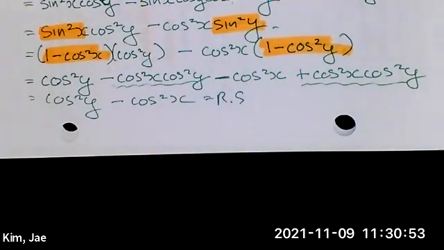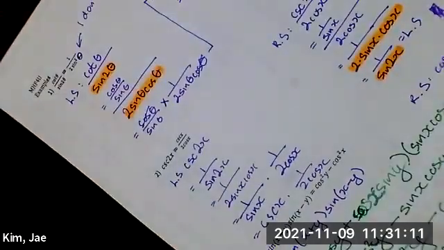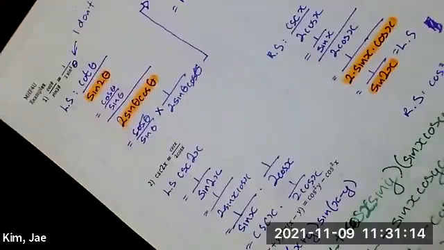No, but there are clues. I told you. Look, why did she think maybe I should use the Pythagorean identity?